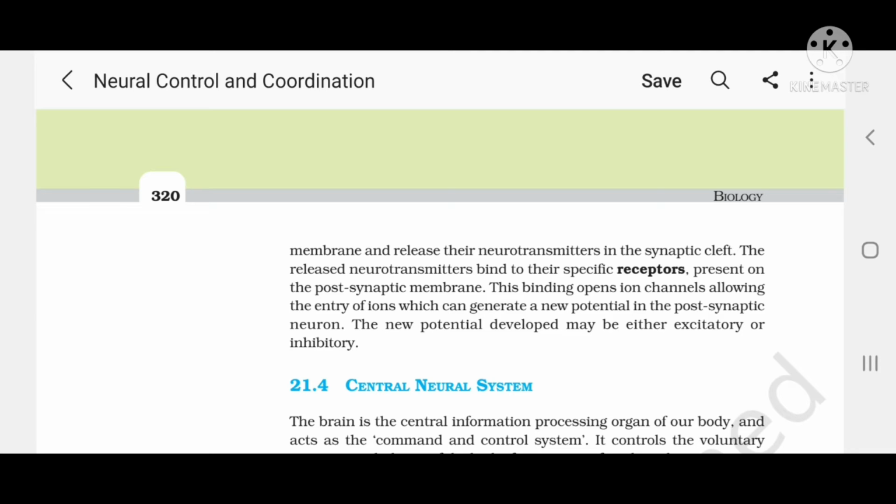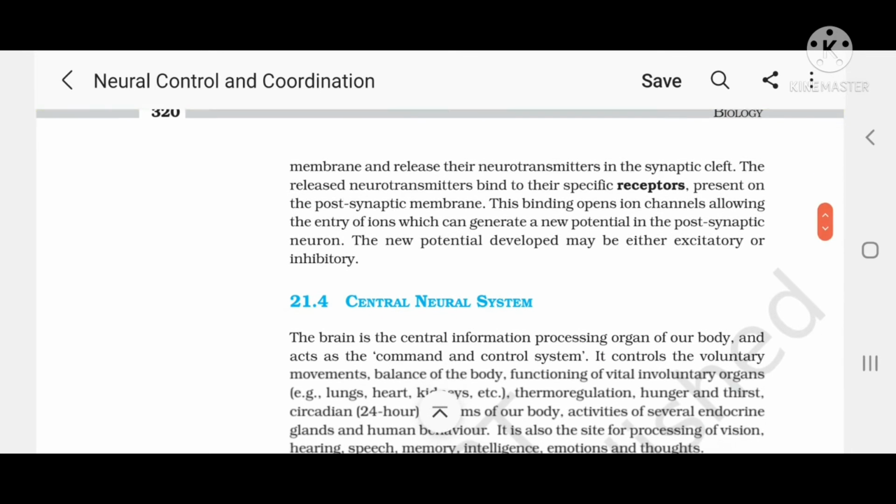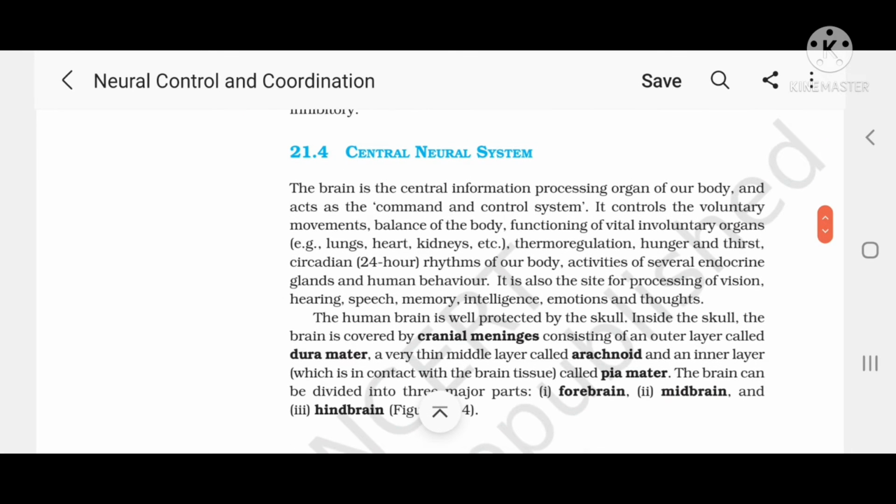It controls the voluntary movements, balance of the body, functioning of vital involuntary organs, for example lungs, heart, kidneys, etc., thermoregulation, hunger and thirst, circadian 24-hour rhythms of our body, activities of several endocrine glands, and human behavior. It is also the site for processing of vision, hearing, speech, memory, intelligence, emotions, and thoughts.